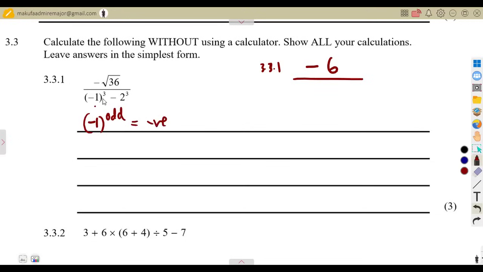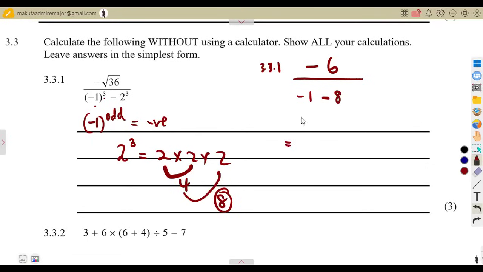So this is minus 2 being raised to the exponent of 3. 2 to the exponent of 3 is 8: 2 times 2 times 2, you're multiplying it 3 times. 2 times 2 is 4, and 4 times 2 gives us 8. So we've got minus 8 there. So what are we going to have at the end? Minus 6, everything over what?